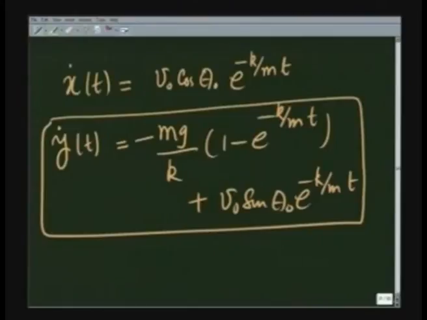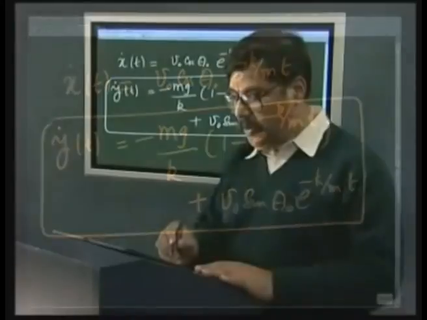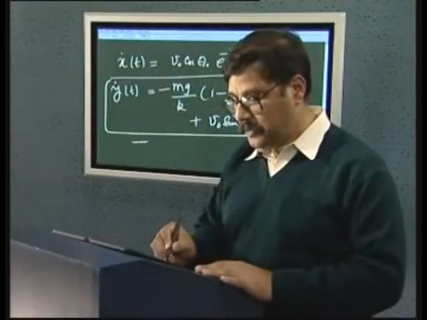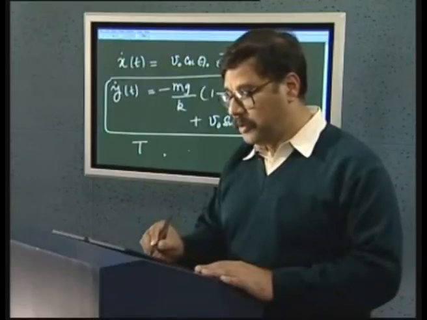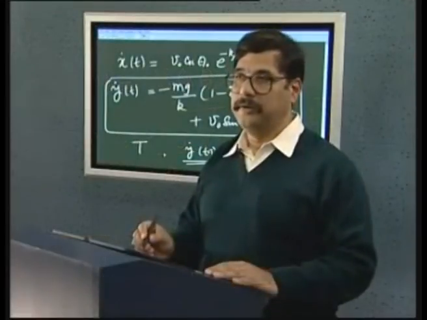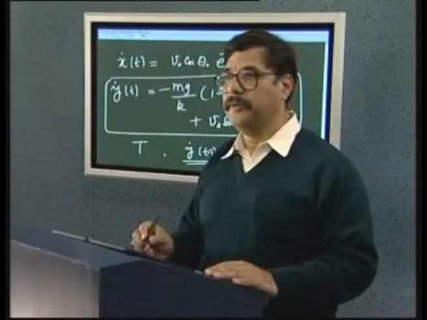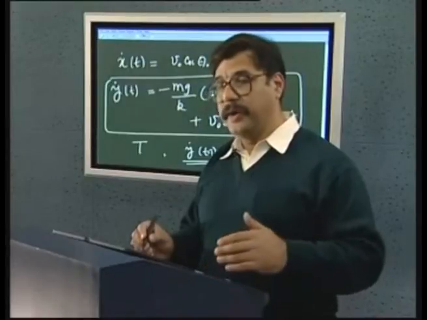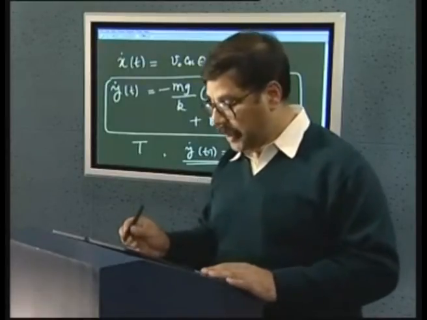At this point, I may ask, how long does it take, time t, before y dot becomes 0? That is, after I throw the particle, after I project the particle, when does it come to stop, or when does it reach its maximum height?